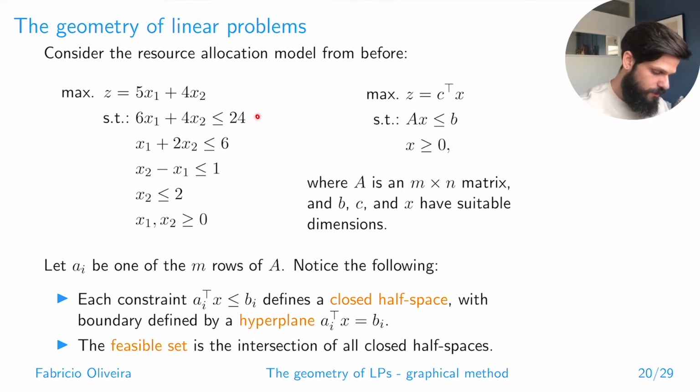So if each of those forms a closed half space, it means that a feasible solution for this problem is a solution that satisfies this constraint, this constraint, this constraint, and this constraint. So it has to be a point that is in the intersection of the closed half spaces formed by each of these constraints.